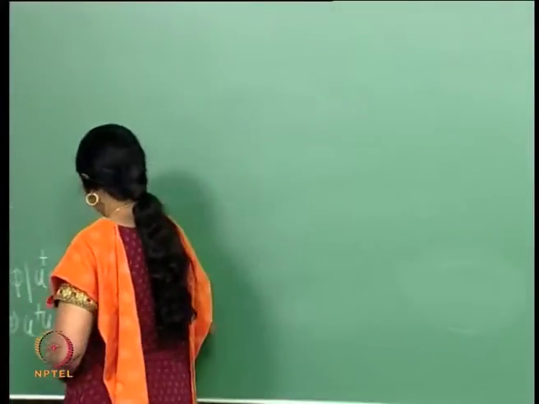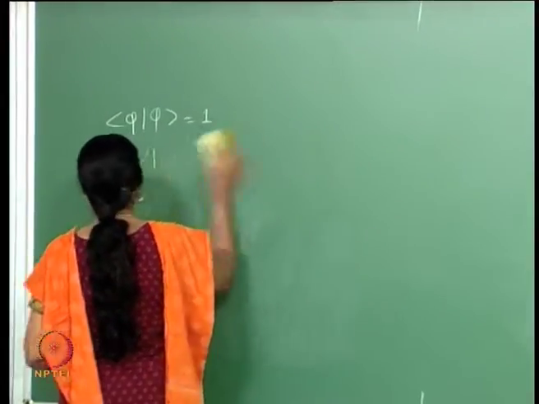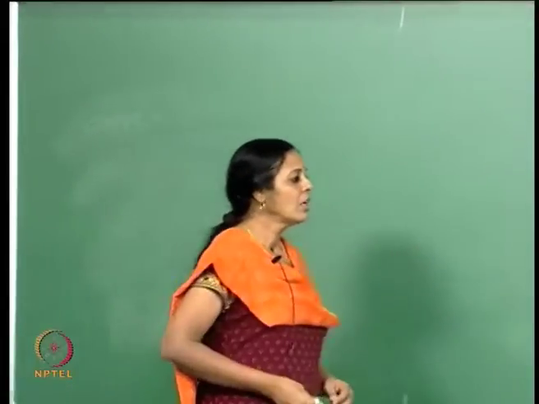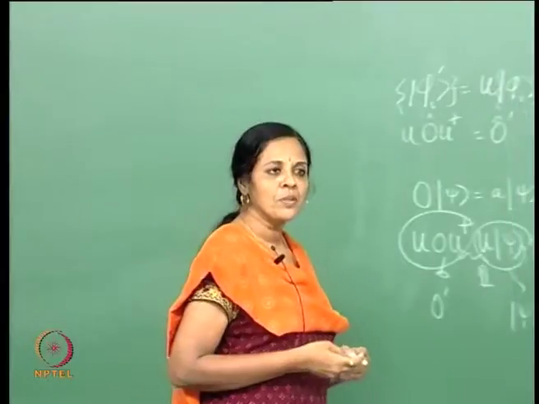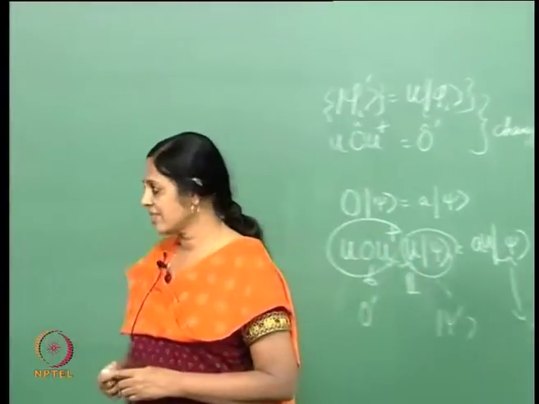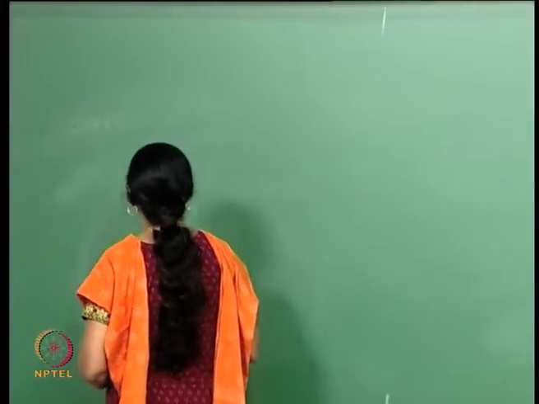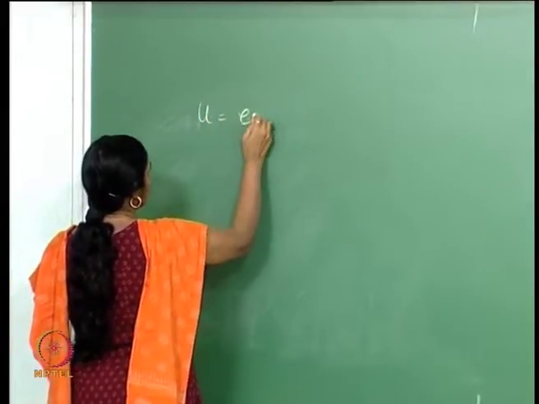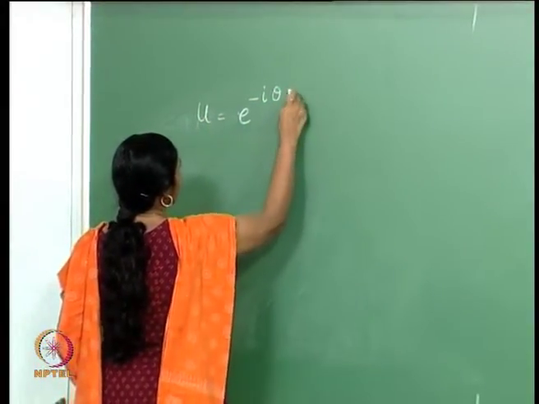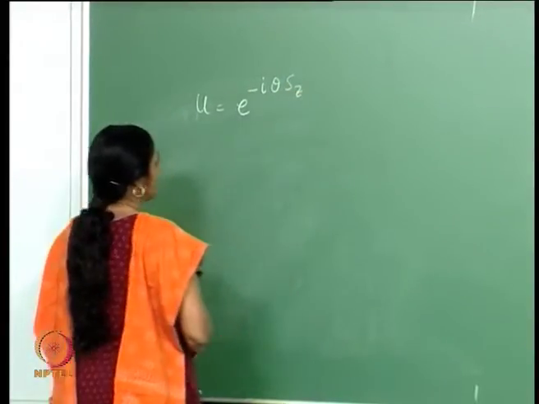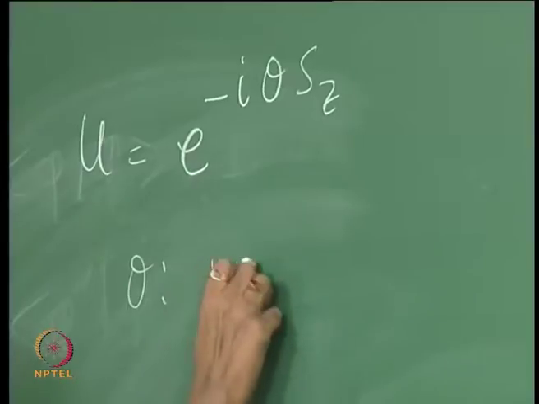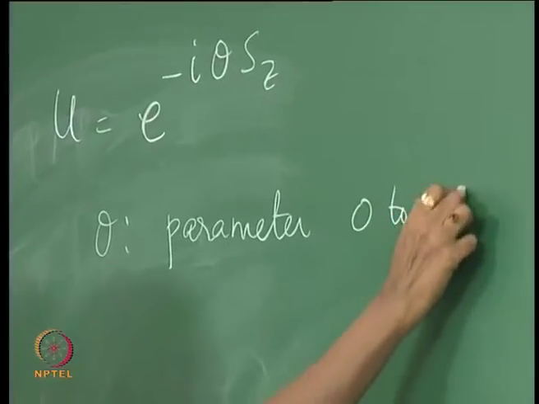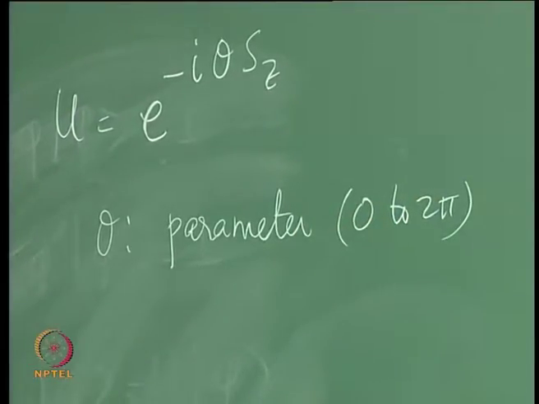We could do better. Let us look at a specific unitary transformation and understand something more about the physical properties of the spin matrices Sx, Sy and Sz. So let me consider this unitary operation e to the minus I theta Sz, where theta is a parameter, it is a constant, and it can take values 0 to 2 pi, any value, it is fixed.